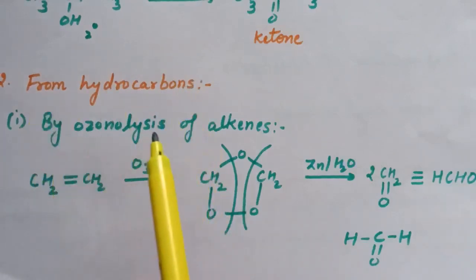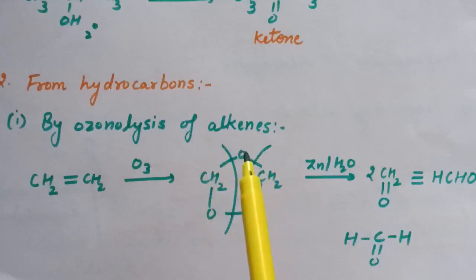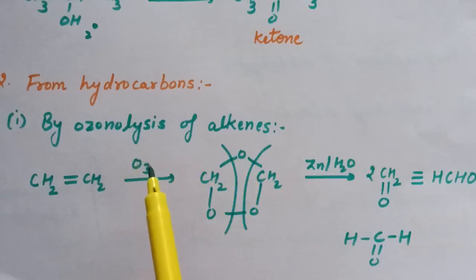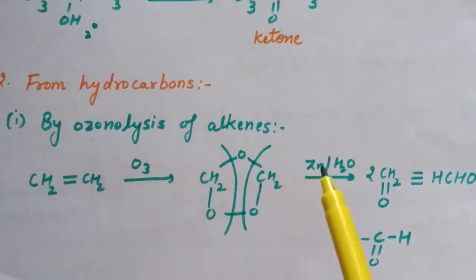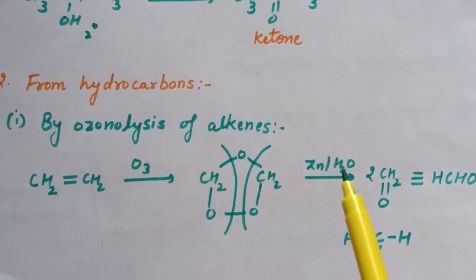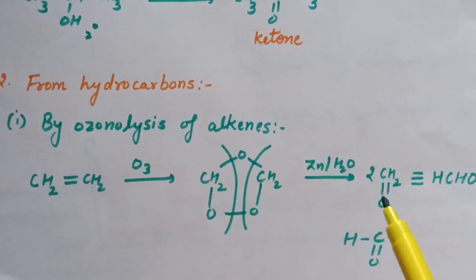First is by ozonolysis of alkene. So here is the example. Addition of O3 on alkene. First, ozonide complex formation takes place, that is this O3 will form ozonide complex with the alkene, and in presence of zinc dust and water, this ozonide complex breaks and converts to aldehyde or ketone depending upon the alkene.